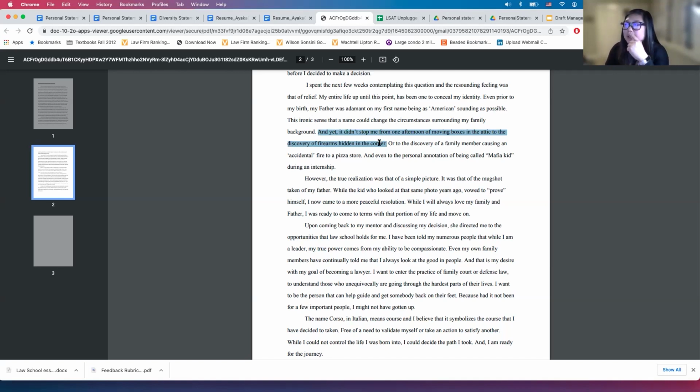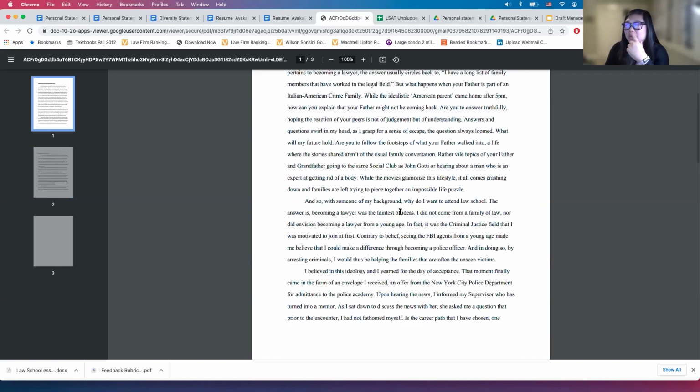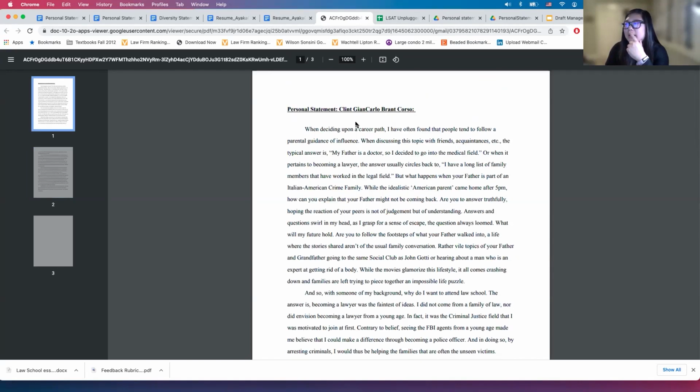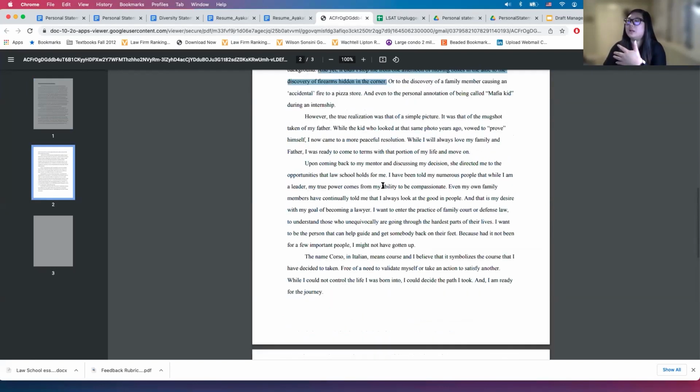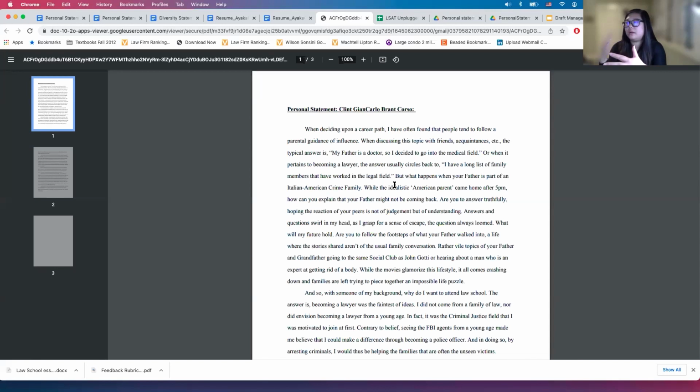But if you pull that forward, say this line, and then something like, that was the first time I was faced with the realities of my family business, and cut this piece out, because I feel like it's not doing too much for you at this point in your essay.